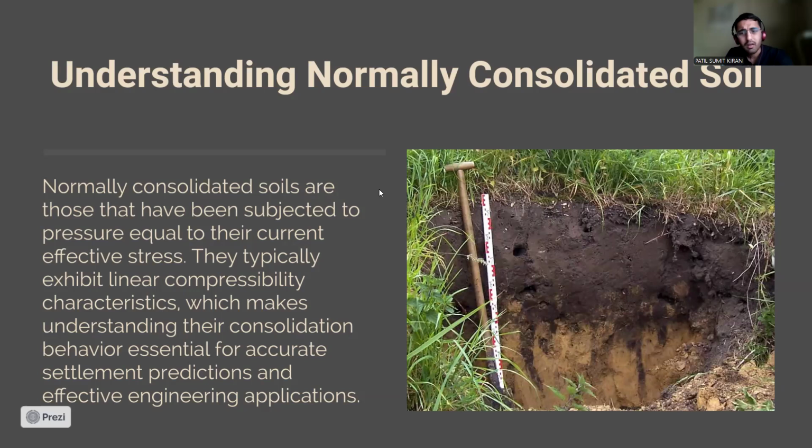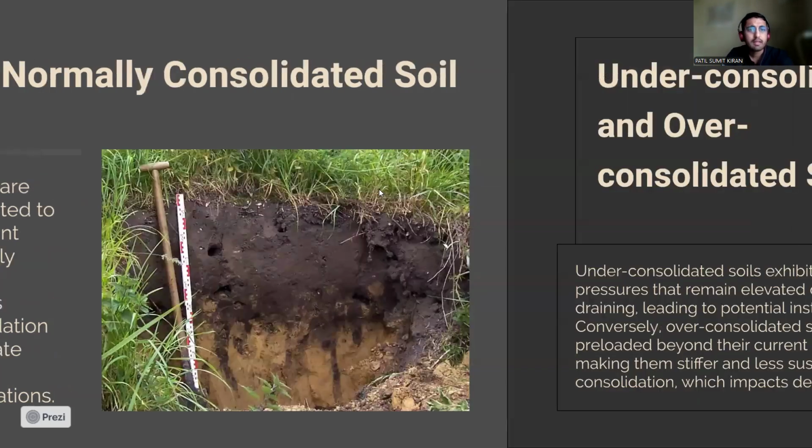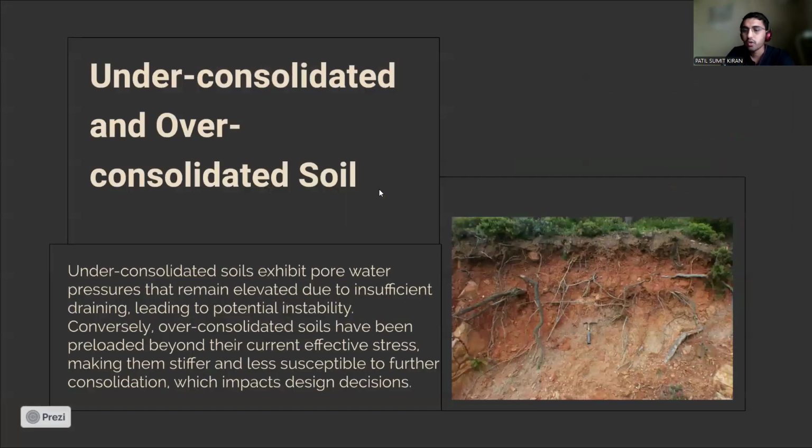So a normally consolidated soil is the actual present condition. That soil has not been compressed more before, or had load applied before, and it is also not under-consolidated. So all conditions are at present conditions here. So it is normally consolidated. Next are under-consolidated and over-consolidated. Let us consider the under-consolidated soil.